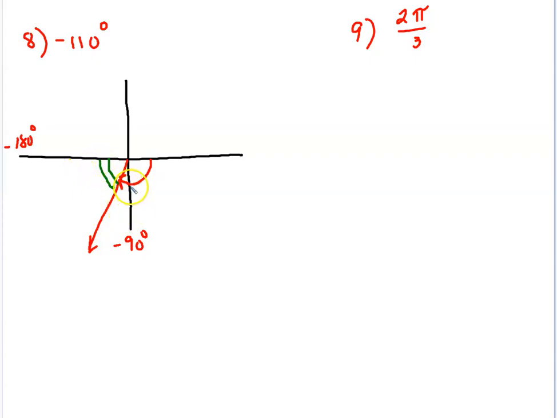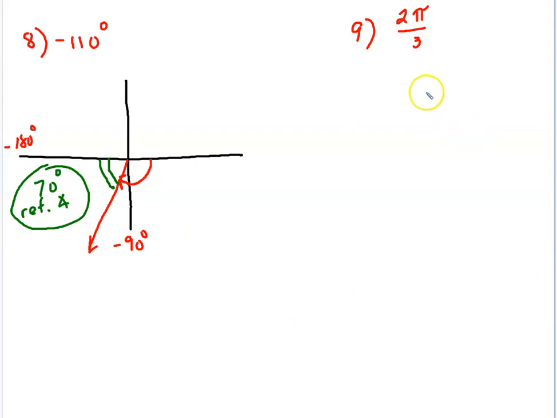All right, so I went an extra 20 degrees to make 110. If you think about it, there's 90 degrees here in this third quadrant. I've already gone 20 of those degrees, so that means there's 70 degrees left. So the reference angle is 70 degrees.